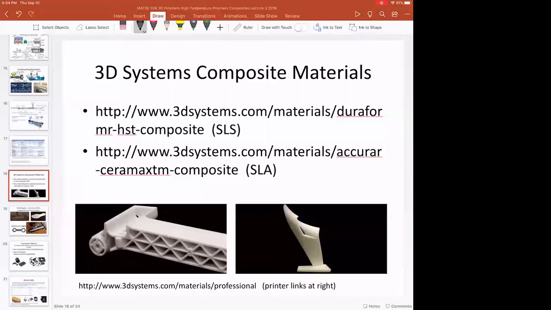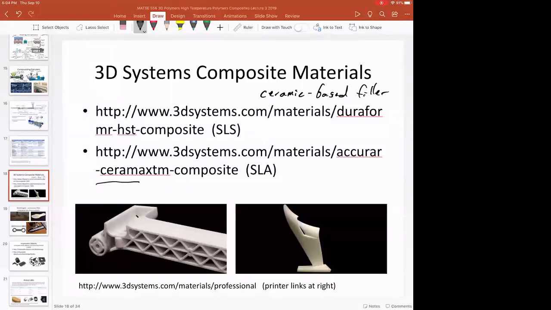The other thing that we need to consider is that some of these ceramic composites or ceramic additive materials are composites. So these are generally in the realm of ceramic materials. So these are ceramic-based filler.